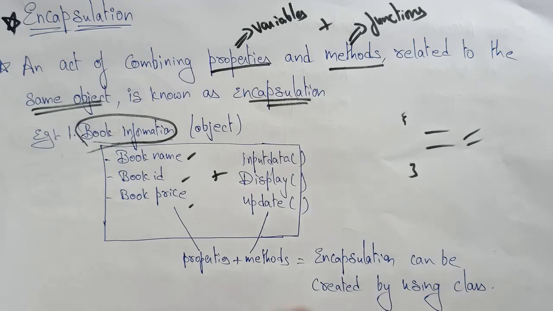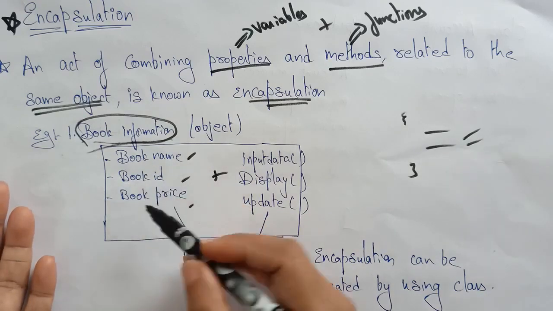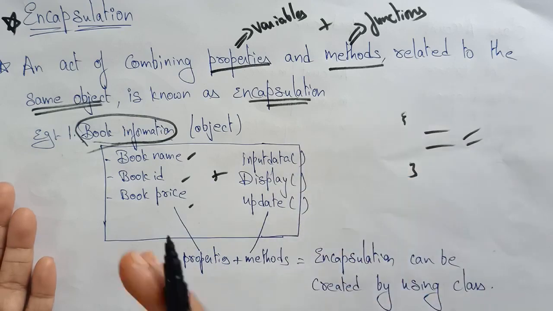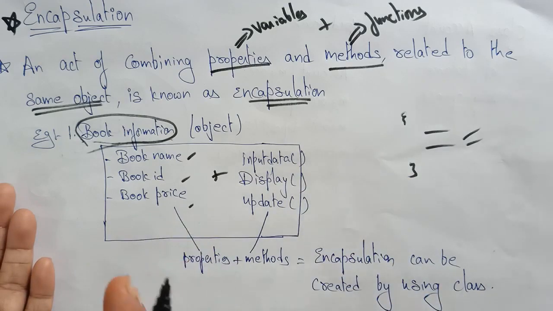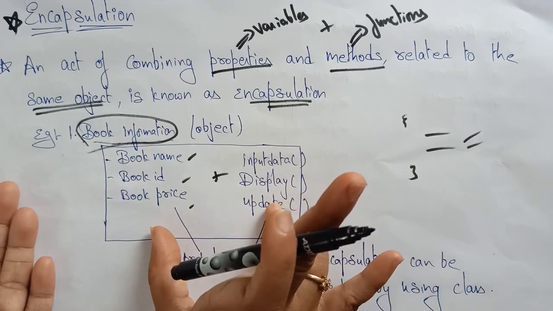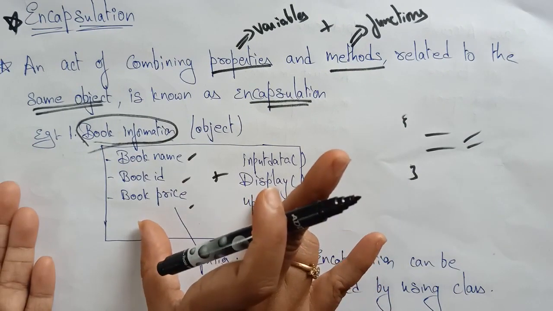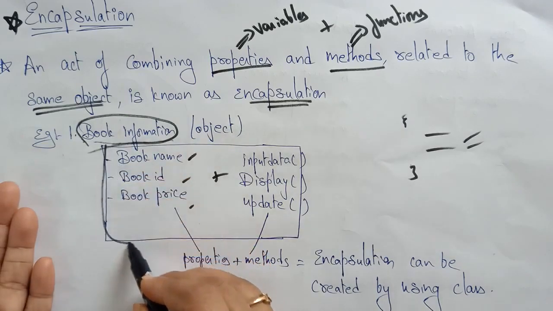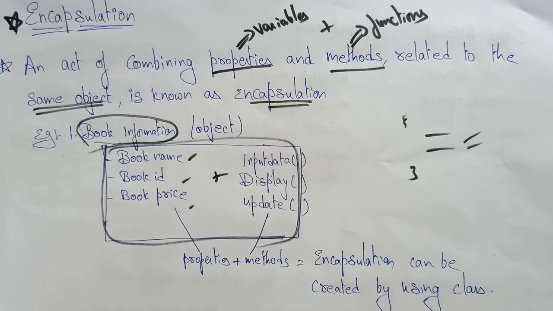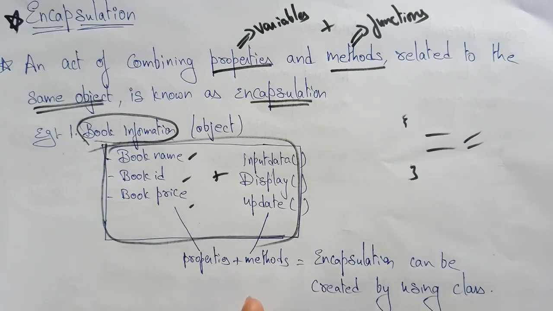With the help of these variables, the functions will perform the operation. So whatever variables are helpful in performing the functions are grouped and combined together, and we call this technique encapsulation. Here we are combining the properties or variables and the functions.